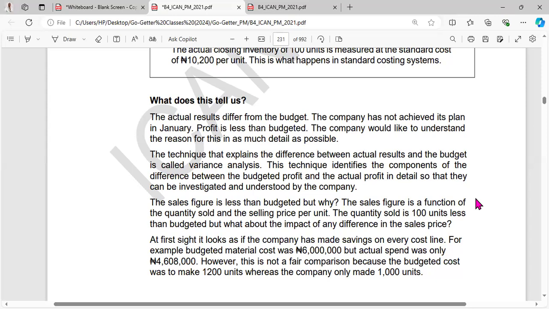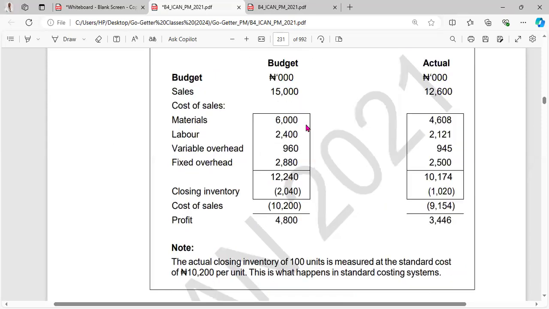Now we can see here that at first sight, it might look like the company has made savings on every cost line, because look at it now. We said favorable is when the expected is bigger than the actual.